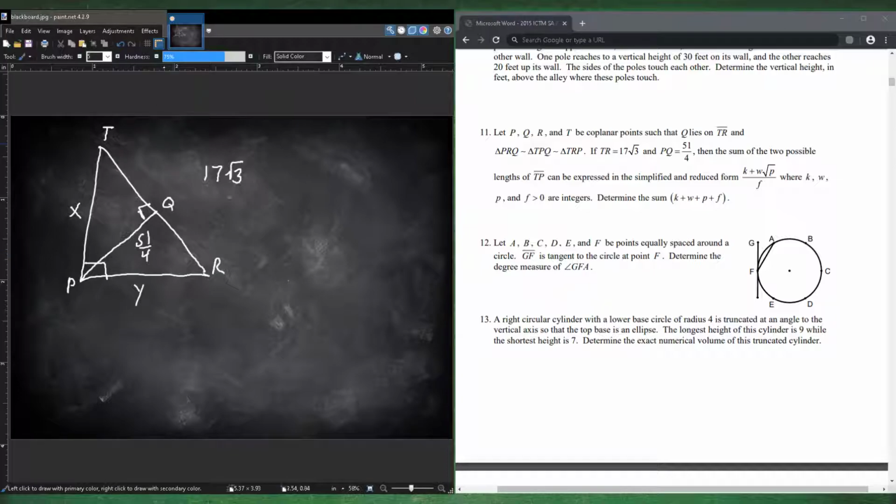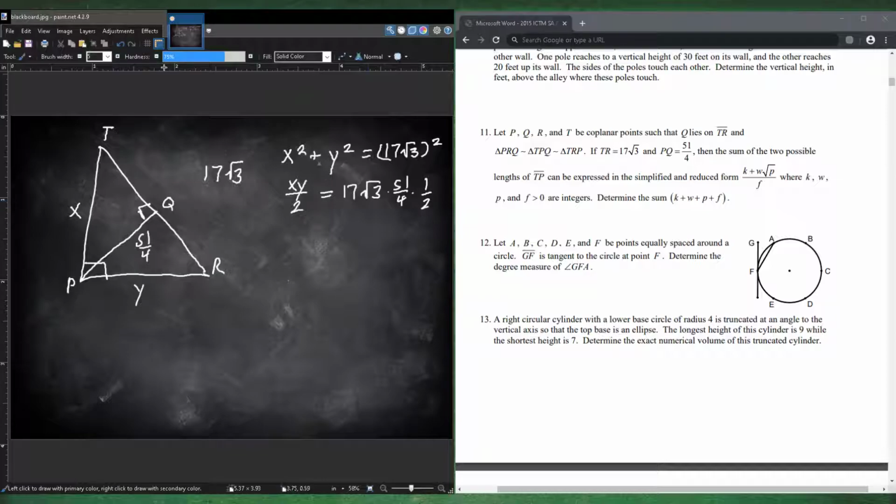So what we could do is set up a bunch of equations. So we know, since this is our hypotenuse 17 square root 3, then we just use the Pythagorean theorem. So x squared plus y squared is equal to 17 square root 3 squared. Okay, and we also know that since this is the altitude, which is 51 over 4, then the area, which is x times y, divided by 2, is equal to the area of this portion, which is 17 square root 3 times 51 over 4 times 1 half.